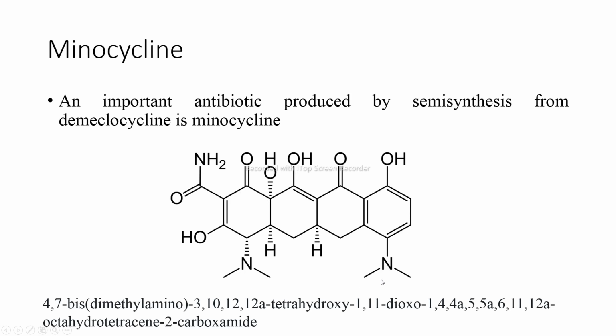So 4, 7 bis. Bis means that two identical groups are there. Hence we nominate it as bis. So 4, 7 bis dimethyl amino. Then 1, 11 dioxo. Then remaining portion is same, 1, 4, 4A, 5, 5A, 6, 11, 12A, octahydrotetracene, 2 carboxamide. This is all about the minocycline.